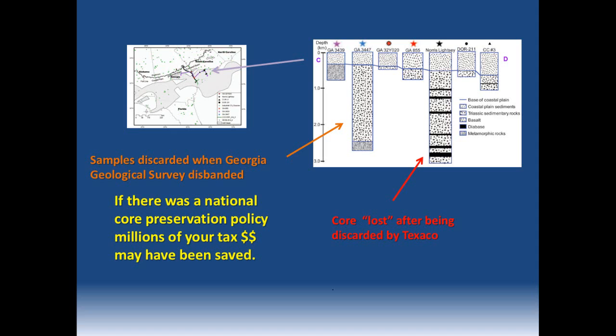If we had been able to look at these cores, we might have saved all of us a few dollars. Of course, we would have spent it on something else. Right, right. That's just something to consider. So the Canadians, those socialists to the north, they save everything, but then maybe they don't repeat studies like this.